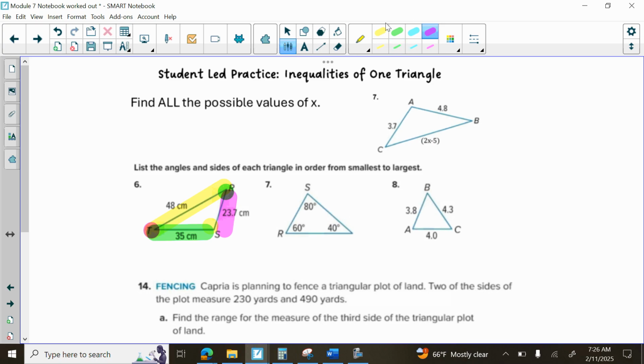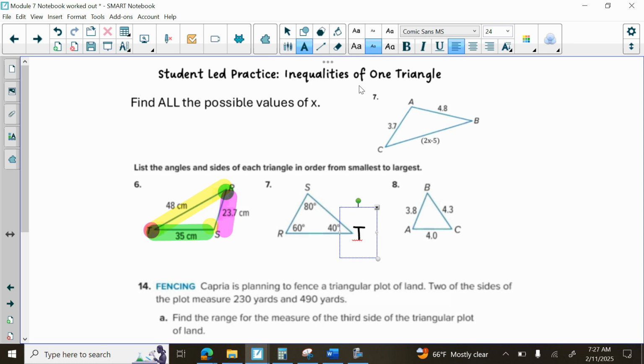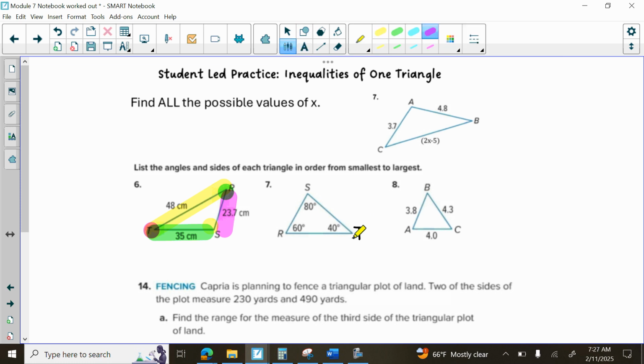And we can go backwards. So what's the smallest angle in number 7? Wait, that's a T here? So T is the smallest angle. So what's the smallest side? SR is the smallest side because it's opposite the smallest angle. Any questions?